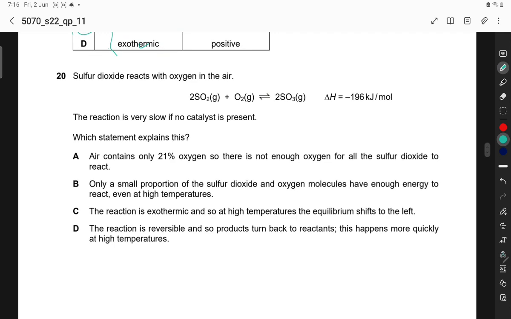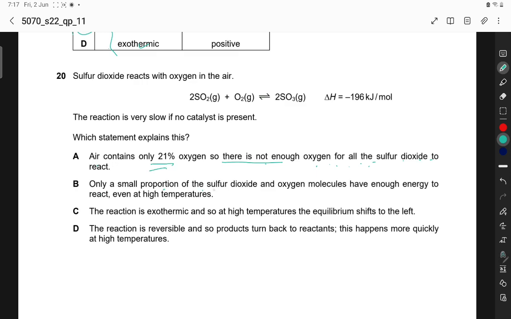Sulfur dioxide reacts with oxygen in the air. The reaction is very slow if no catalyst is present. Which statement explains this? Air contains only 21% oxygen, so there is not enough oxygen for all the sulfur dioxide to react. This is incorrect.